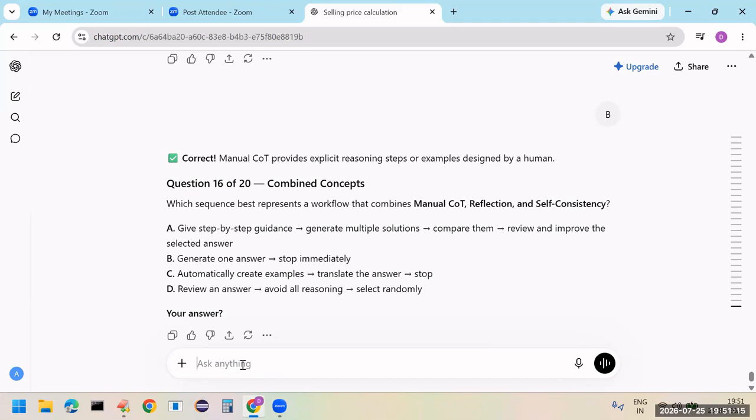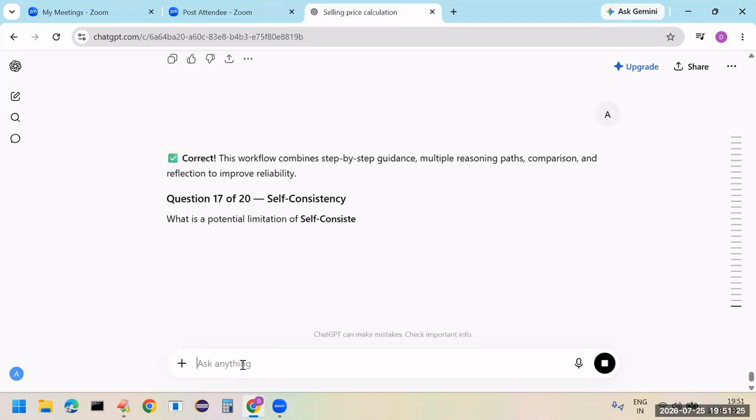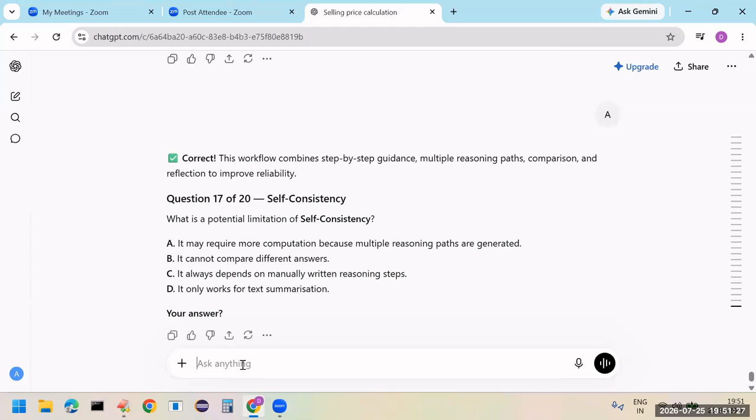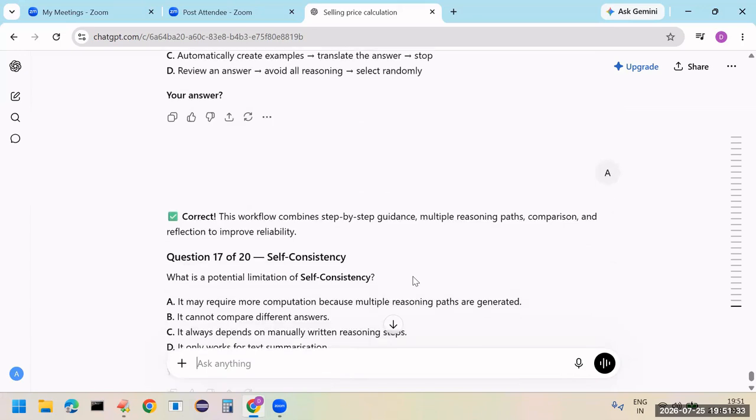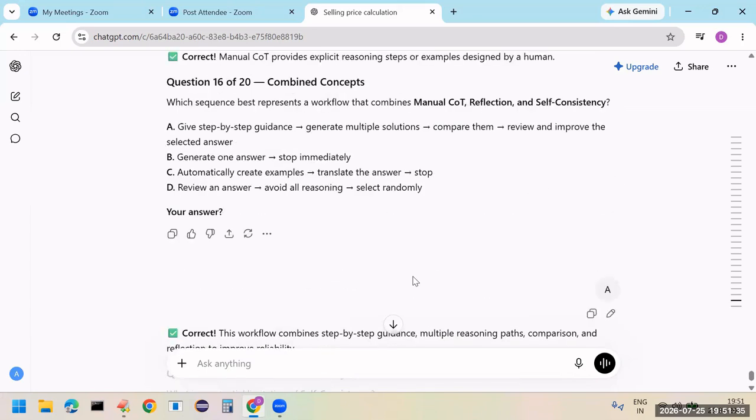Give step-by-step guidance, generate multiple solutions, compare them, review and improve the selected answer. Can I say option A? Yeah, it was A, because they asked all these steps. Okay.